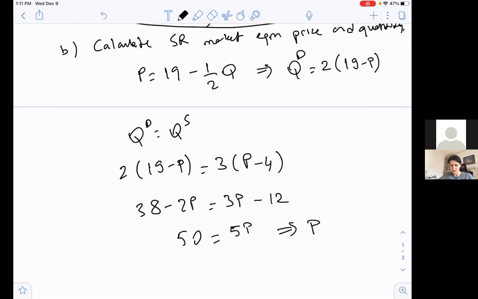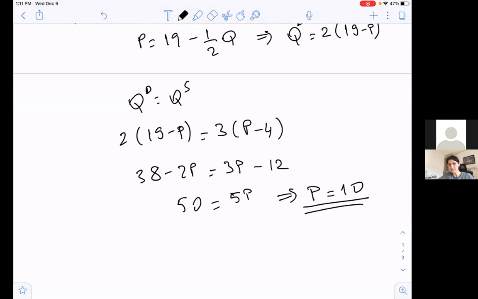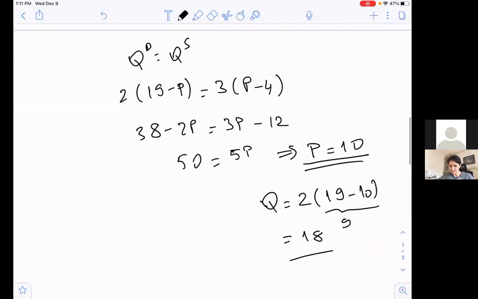From here, I found P as 10. Short-run equilibrium price is 10. And what was it asking? Market equilibrium quantity. Quantity is 2 times 19 minus 10, which is 18. 18 is the market quantity.